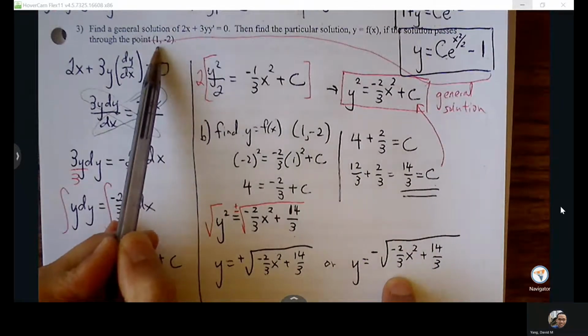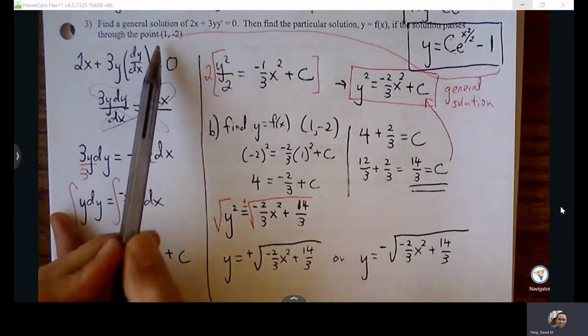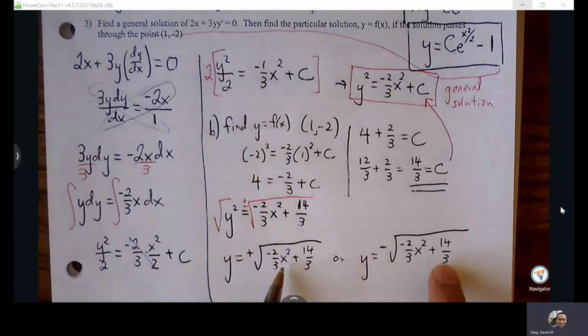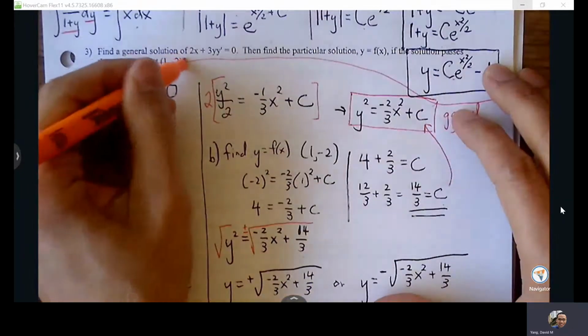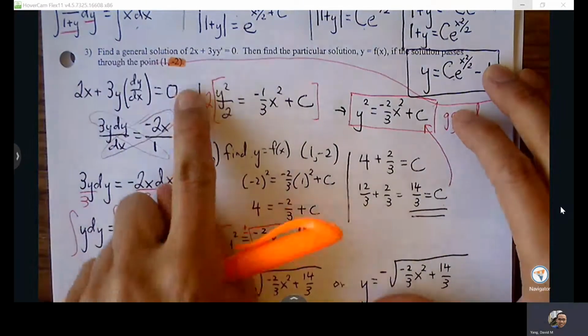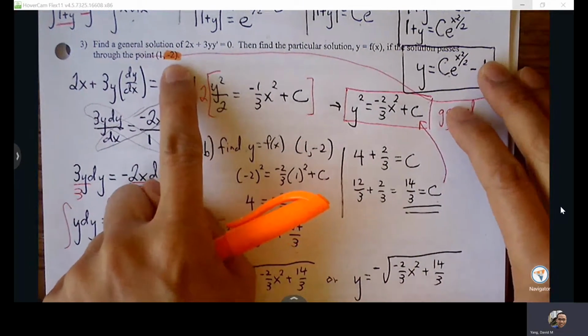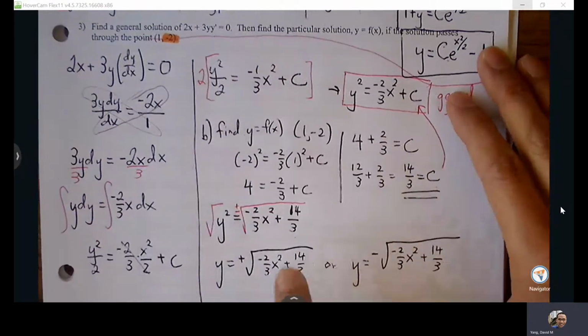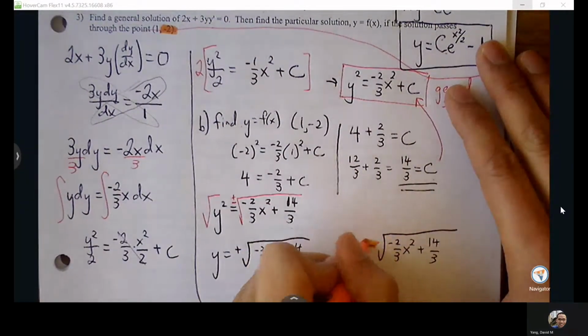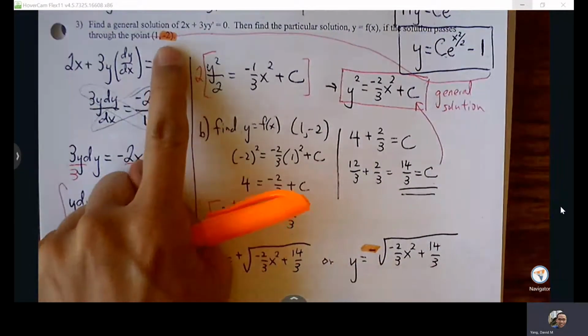Okay. So in other words, we want to be able to insert 1 into the function and see which one produces a negative 2. A quick way to decide between the two is look at the y value. Whatever the sign of the y value is going to match with the sign of the square root that we want. We have a negative 2.